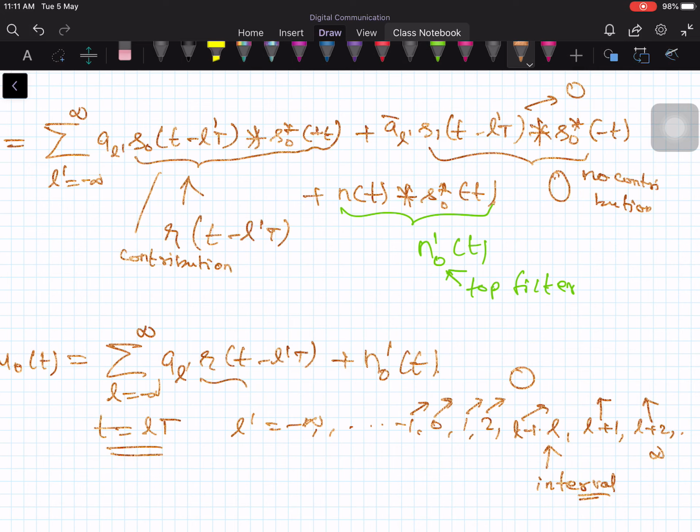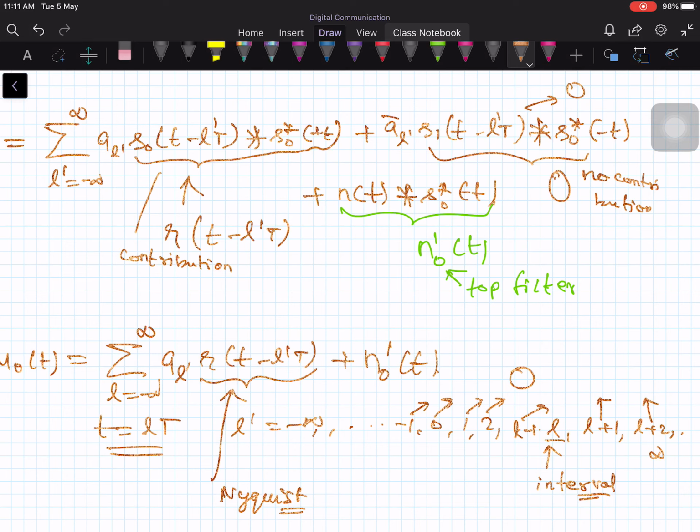Because the pulse is a Nyquist pulse, as I already explained in one of the previous lectures, once you do the convolution, the output pulse is a Nyquist pulse. So the Nyquist pulse will not go and interfere with the next bit interval.